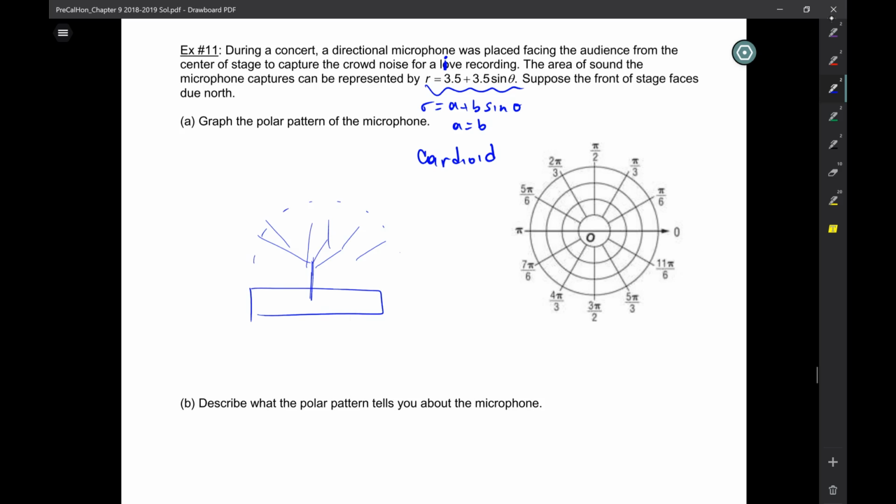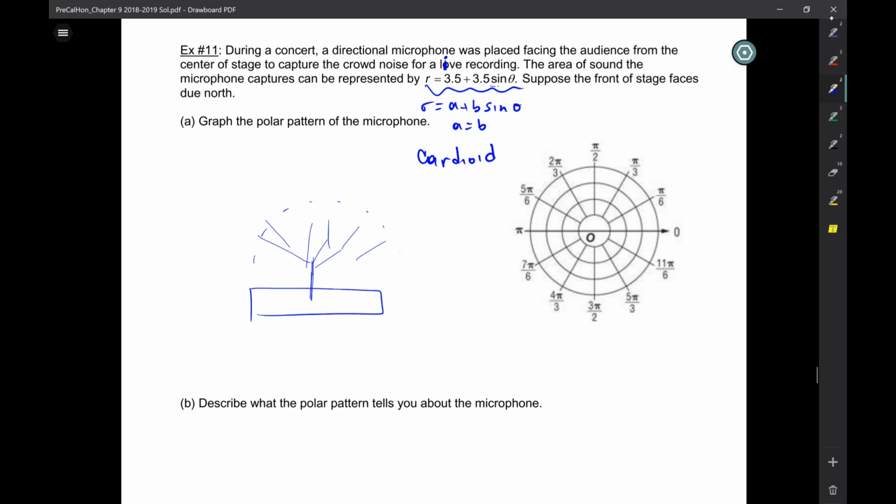What's the maximum it goes from the pole? What's the farthest it goes? What's A? 3.5. And now, is this a sine or a cosine function? It's a sine function. Is it maximum at pi over 2 or 0?